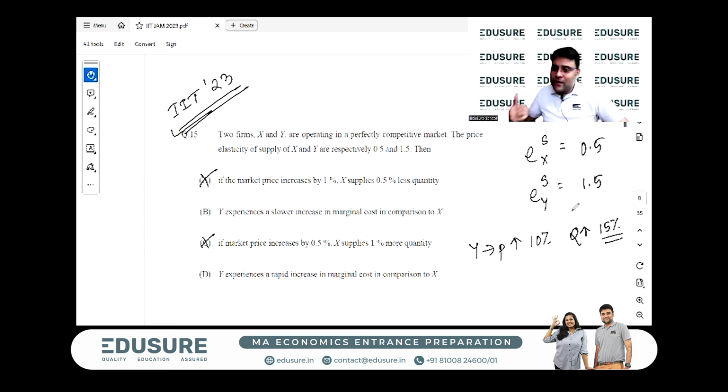That is how I'm being able to increase my quantity even more than the price. The price increases by only 10%, but I'm increasing my quantity by 15%. That means that the marginal cost increase for Y is not as rapid.